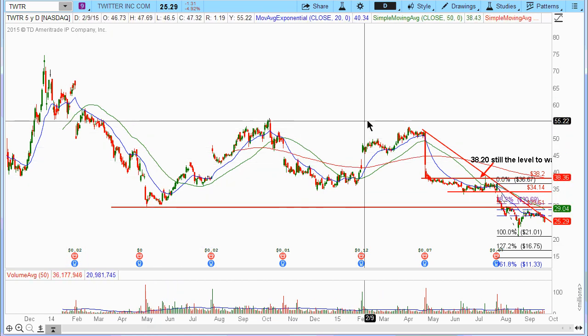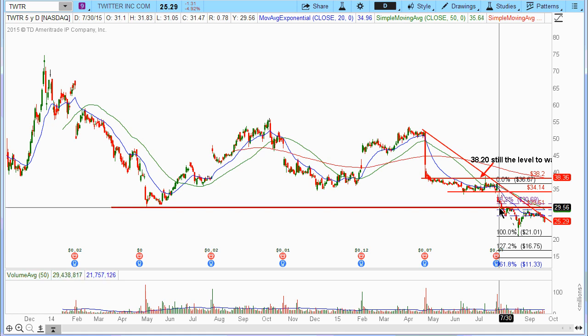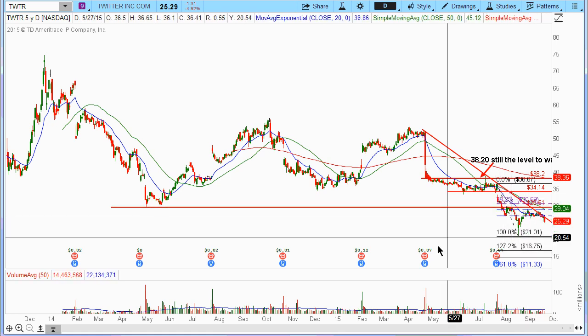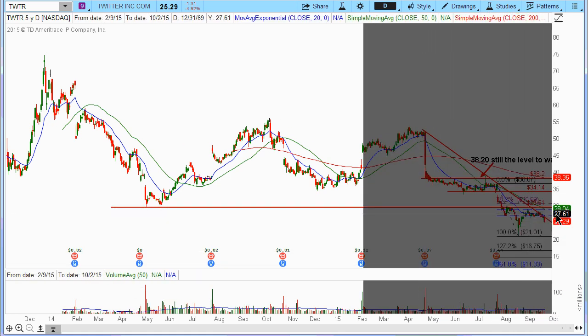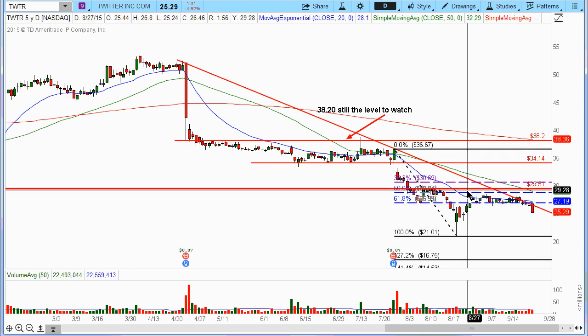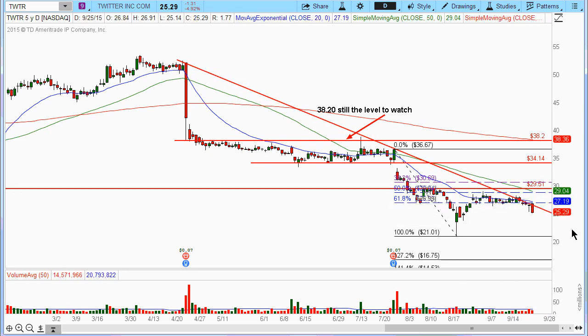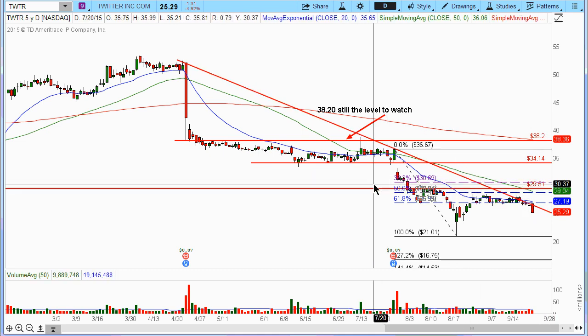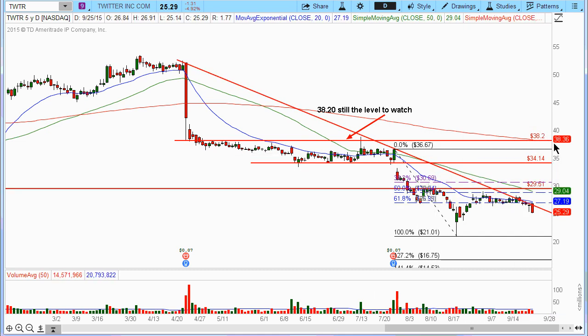Then we got this little bounce, and ever since it broke down here, it just can't get back above it. So right now I'm keeping an eye on this trend line here to see if it will be able to get back above this trend line and try to work its way back up to this 29.50 area, and then maybe try to sidestep itself back up to this 38.20.